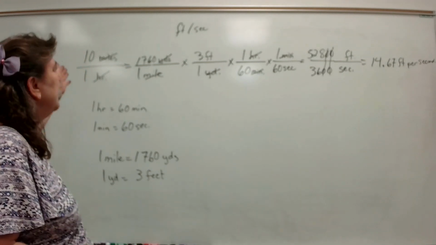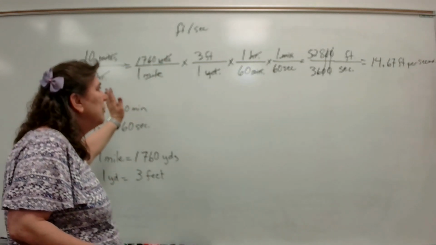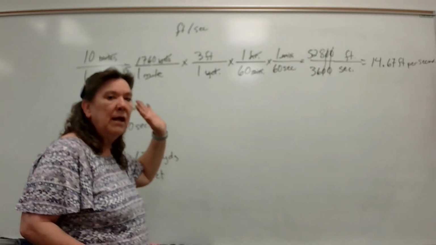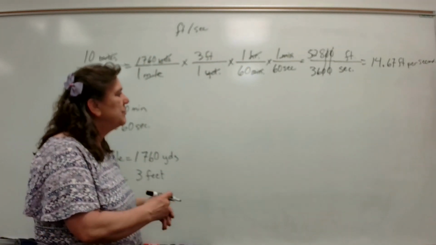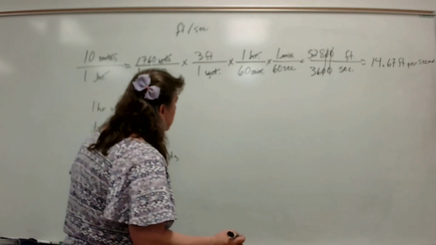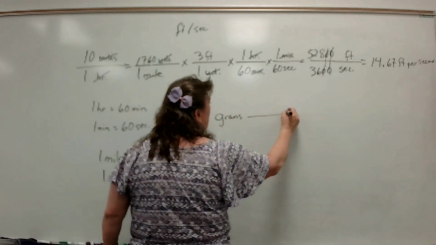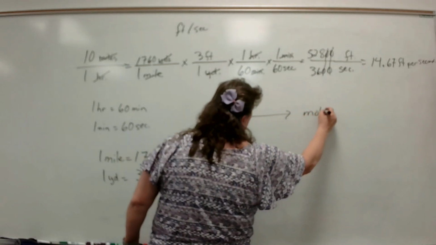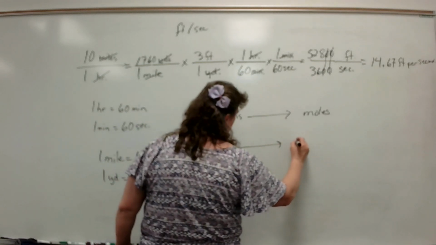You start and you find out your equivalencies, and then you look to see where you're beginning and where you have to end up. And in your chemistry, you're going to do a lot of things where you're going from grams to moles. And you're going to go moles to grams. So you're going to go both directions on these.